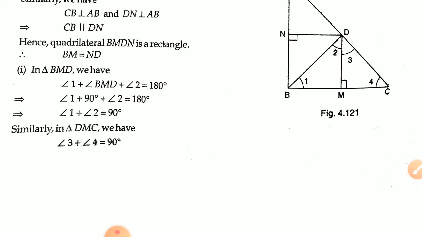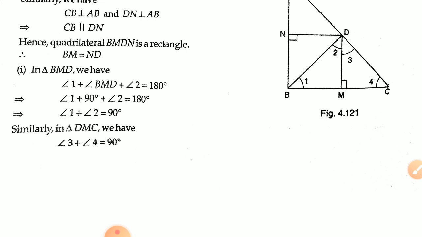Because here the angle sum property is applied. We know that the sum of all the angles of a triangle is 180 degrees. Here angle 1 plus BMD, which is 90 degrees, plus angle 2 is equal to 180. If we transfer 90 degrees to the other side, it will become minus. So angle 1 plus angle 2 is equal to 90 degrees.